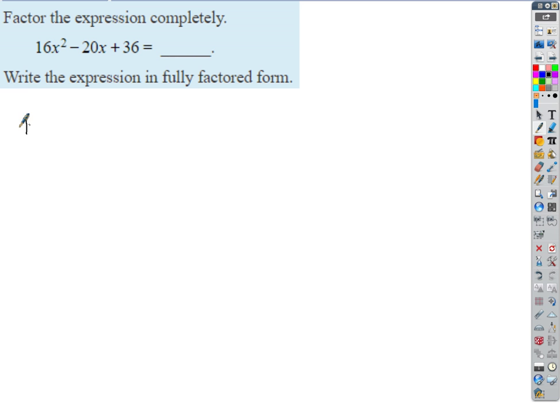So first things first, we can factor out a 4, and then I'm left behind with what? If I undistribute a 4, 4x squared. What about the next term? Last term? Okay, good. Everybody? Okay, so now what?